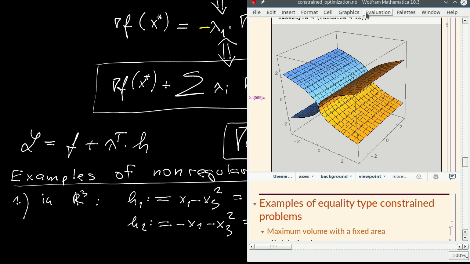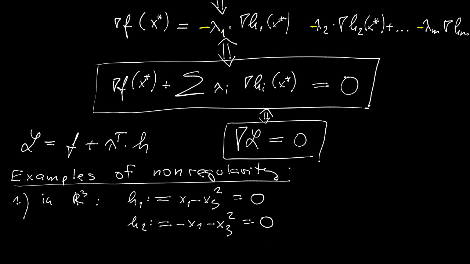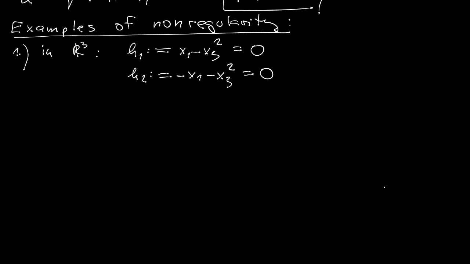Let me show you yet another example, in which we can have a non-regular point even in the situation with just a single constraint. Say this single constraint will be just x1 is equal to 0.